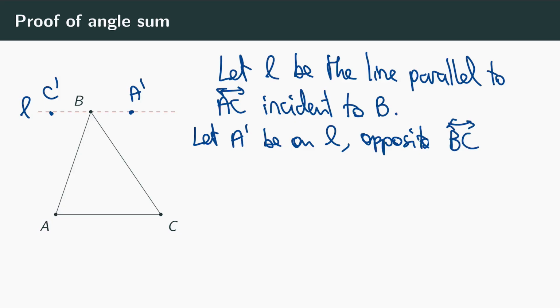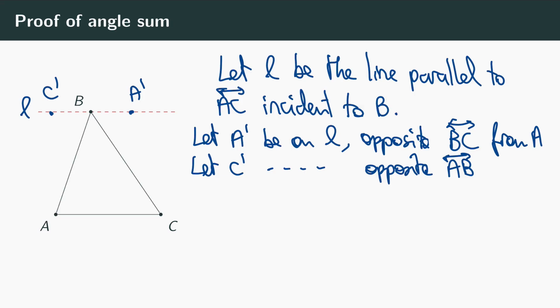Right, it's on the other side of the line BC from A. And similarly, we let C prime be on the line L, and I want it to be opposite the line AB from C. And so that my picture on the left here matches the words that I've written.